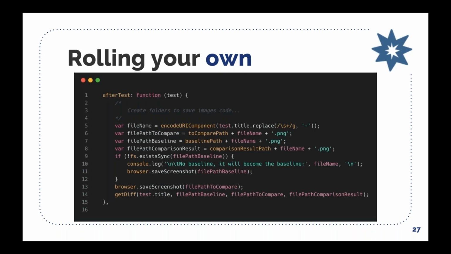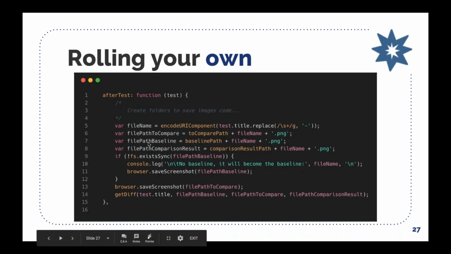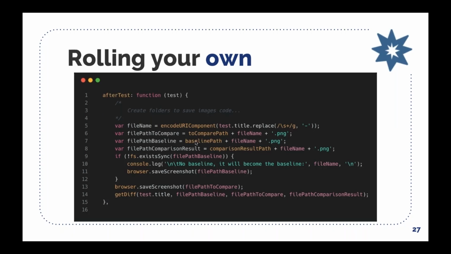So summarizing what we were doing, we were taking a screenshot of the current image that we were seeing in the test, and we had a baseline. This is the variable, and the baseline had a specific name. So we have a baseline that is the initial screenshot, and we take a new screenshot to compare it to the baseline.